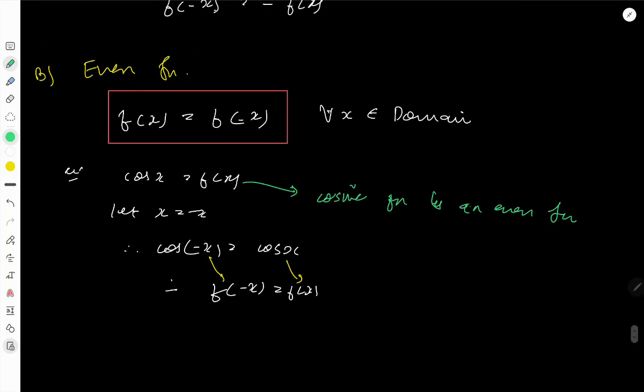If we keep these little examples in our mind, it would be easy to remember what an even function is and what an odd function is.